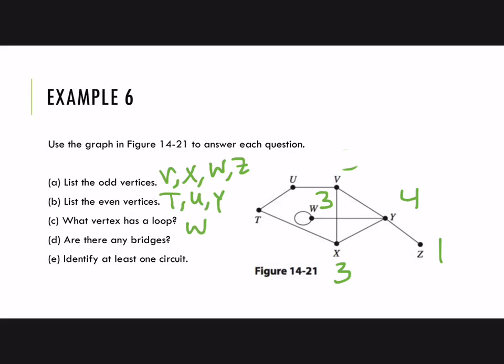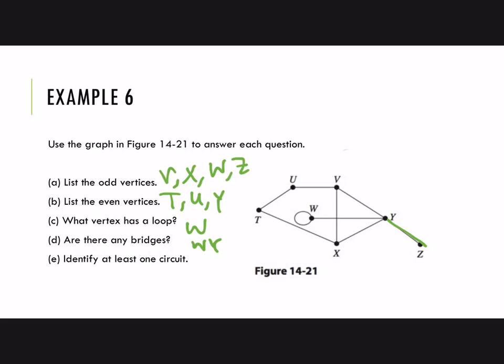All right, are there any bridges? So are there any edges here that you could erase or take out, and then the graph would be disconnected? Okay, I see 2 bridges. All right, if I take out WY, then I have this little loop at W that's disconnected from the rest of the graph. And I also see YZ.